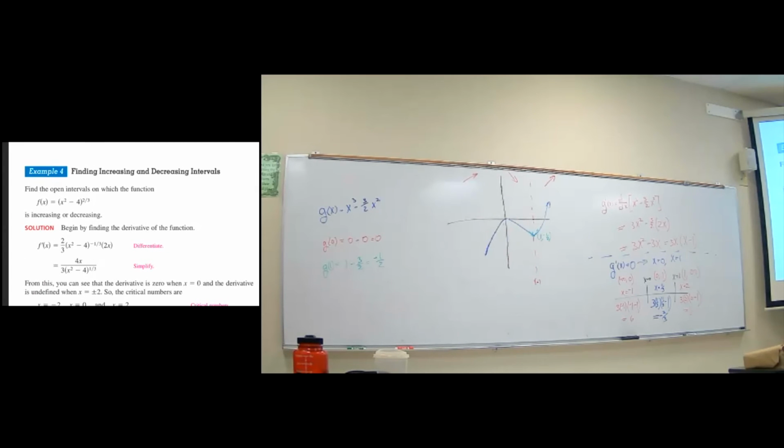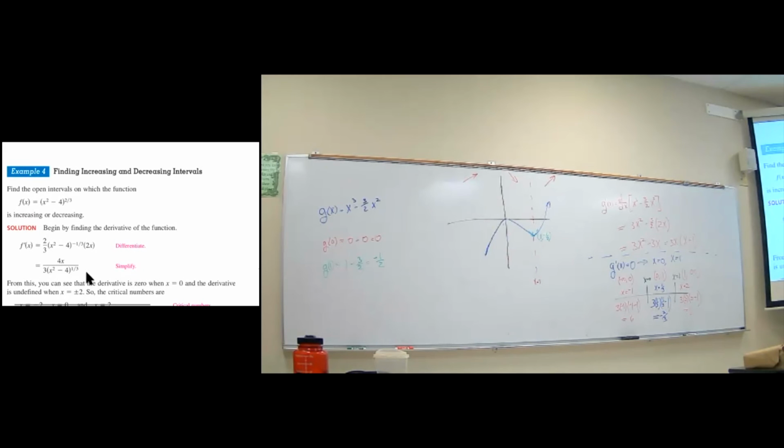Now we're going to look for when it's undefined. Since this thing can either be 0 or undefined, it's going to be 0 when x is equal to 0, thanks to the numerator. And thanks to that denominator, we get undefined at 2 or -2. Does everybody follow me? So we have critical numbers then at 0, -2, and 2.